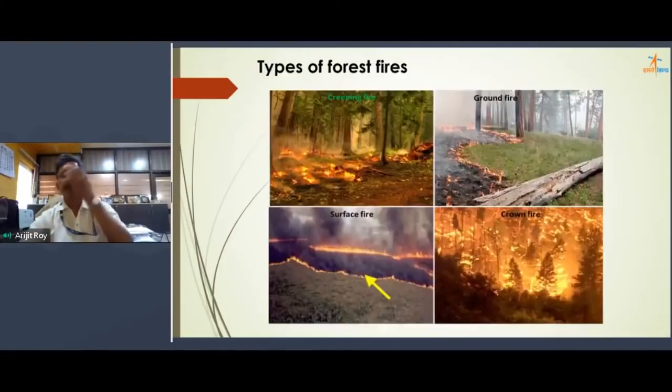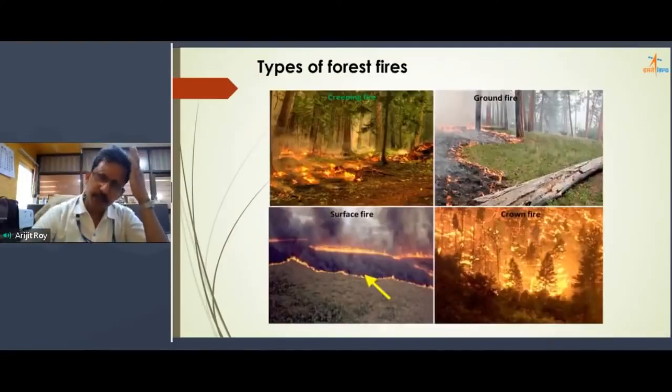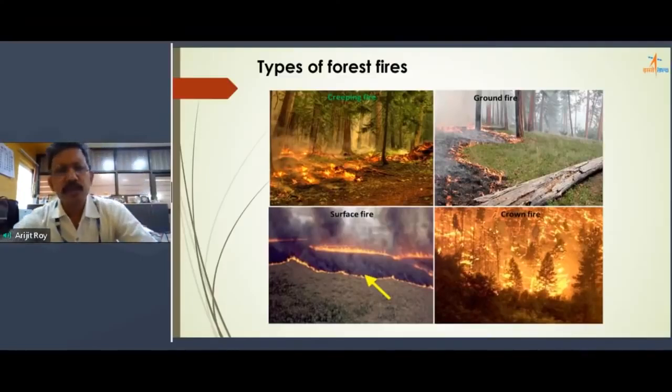So when we talk about forest fires, there are basically 4 types of forest fires. There may be creeping fires, ground fires, surface fires, or crown fires. So what are the creeping fires? Creeping fires are mostly observed in the cold latitudes, where we have a thick amount of duff, which is nothing but the dead leaves which do not decompose because of the cold weather.